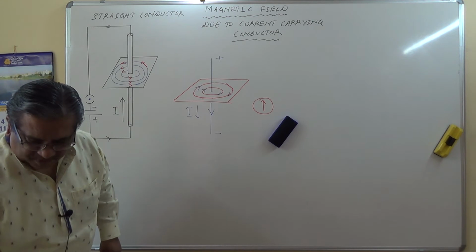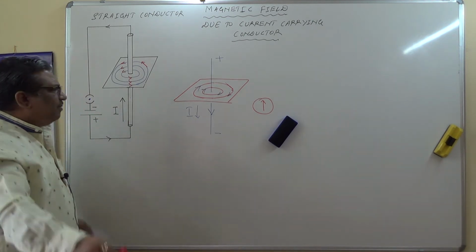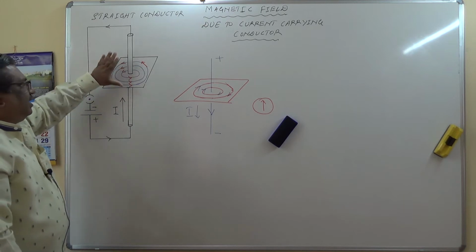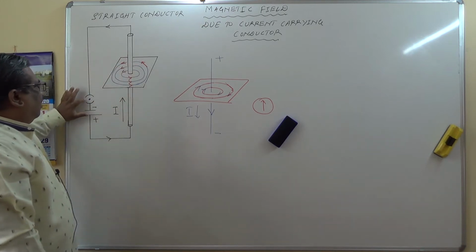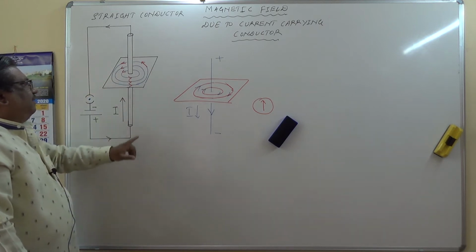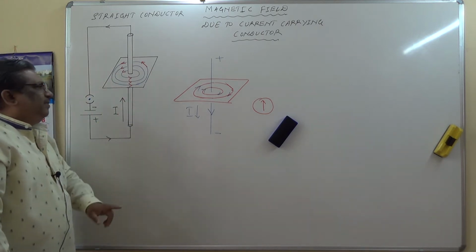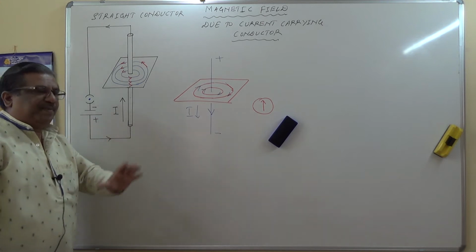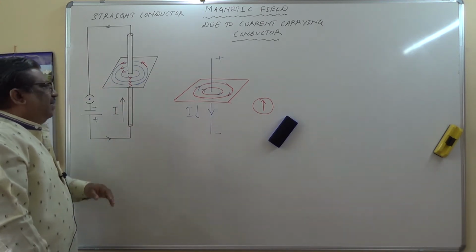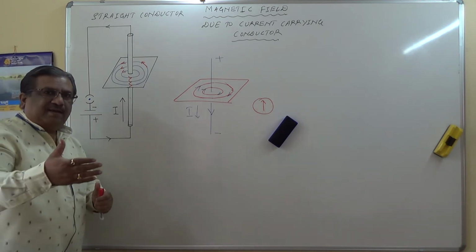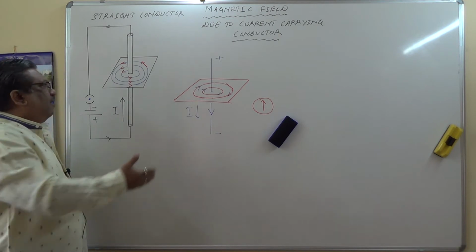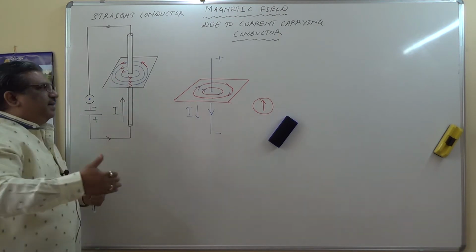A couple of properties we'll study now. We have understood a battery connected to a conductor. When it is switched on, current passes through, it produces magnetic field lines, and we witnessed the magnetic field lines by means of a magnetic compass, and also we could find out the direction of the magnetic field lines either by the pointer of the magnetic compass or by means of the right hand thumb rule.